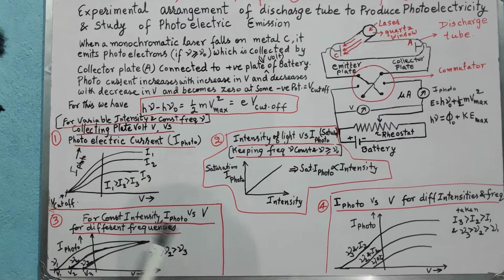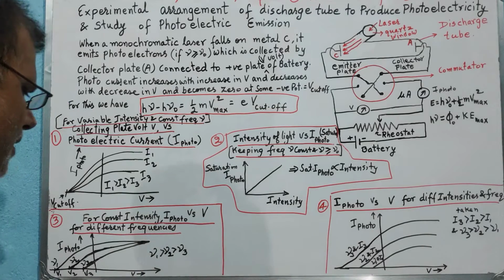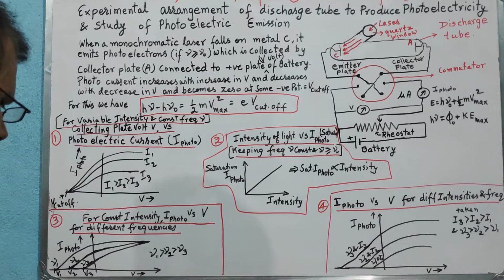But since frequency decides the cutoff voltage, for different frequencies we have different cutoff voltages. Since the intensities are all the same, the saturation current will always remain the same, but the cutoff voltage for different frequencies will be different.